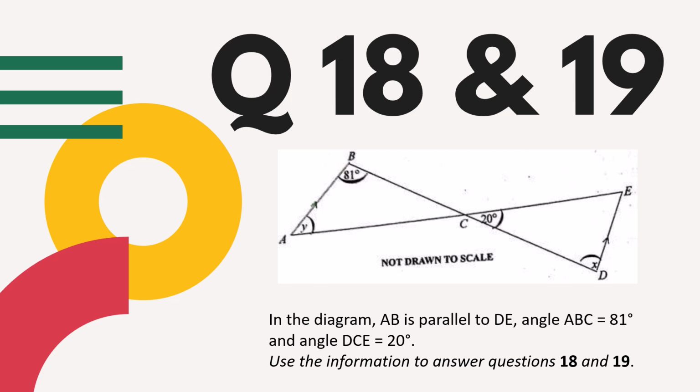That means it is for angle B, and then angle DCE is 20 degrees. And we are asked to use this information to answer questions 18 and 19.